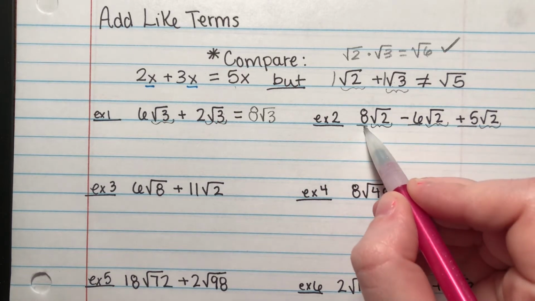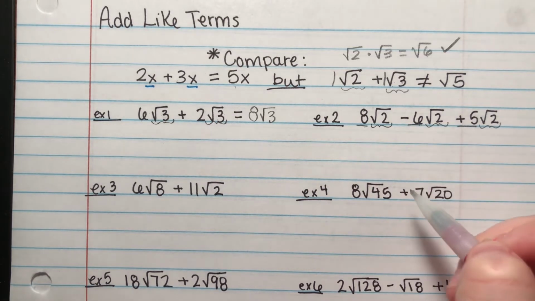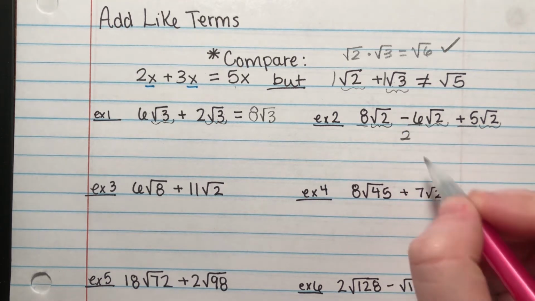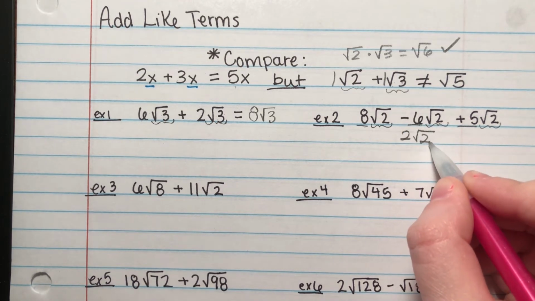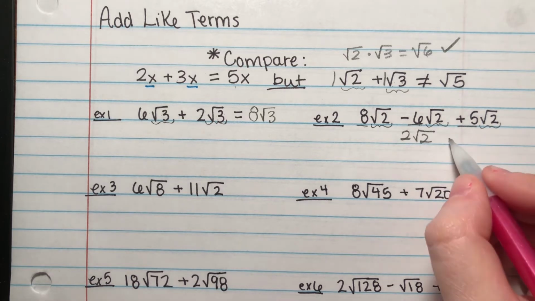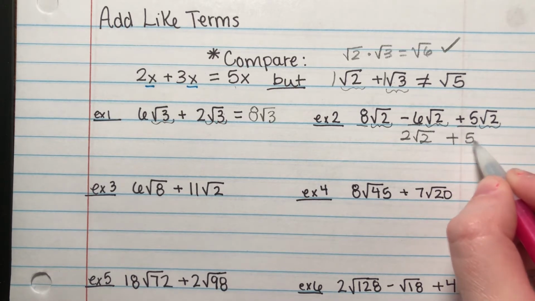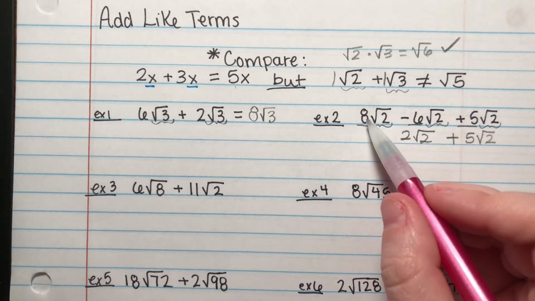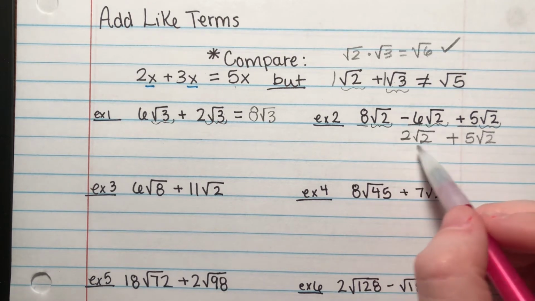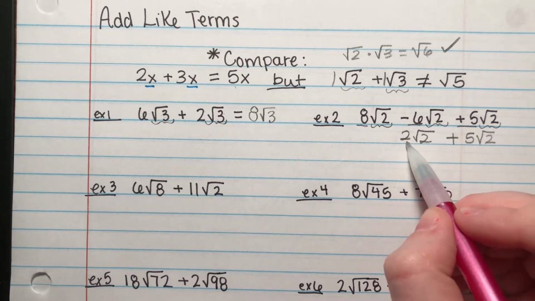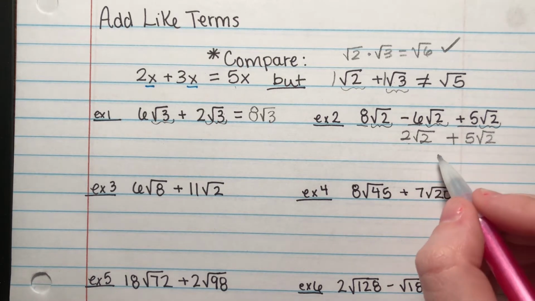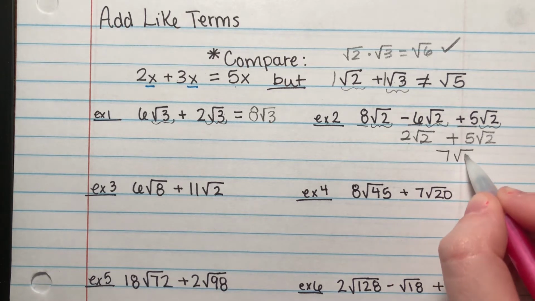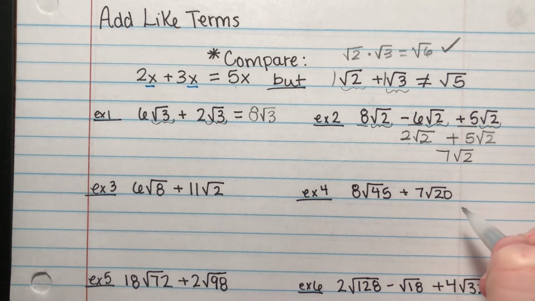So I have 8 square root of 2 minus 6 square root of 2. 8 minus 6 is going to give me 2 square root of 2 plus 5 square root of 2. I'm just doing it two steps at a time. So 8 minus 6 gave me 2, and then I add 2 square root of 2 plus 5 square root of 2, which is going to give me 7 square root of 2.